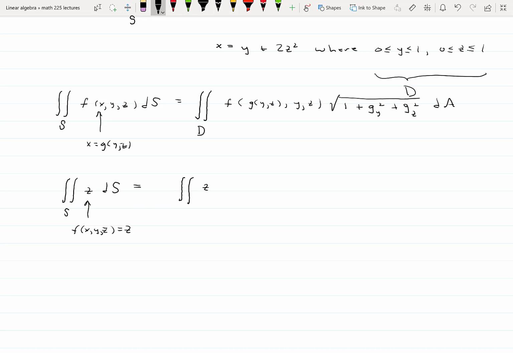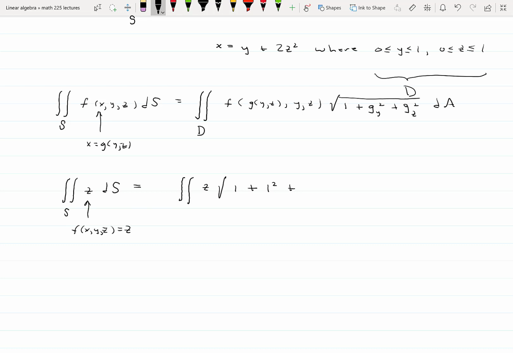Then we stuff x equals y plus 2z squared into that, which doesn't change anything. It still stays z, times the square root of 1 plus the partial of x with respect to y squared. Well, x equals y plus 2z squared, so the partial with respect to y is 1, plus g sub z squared.